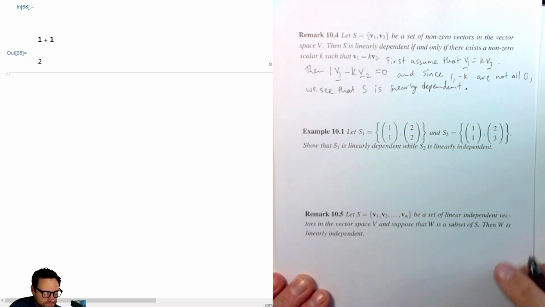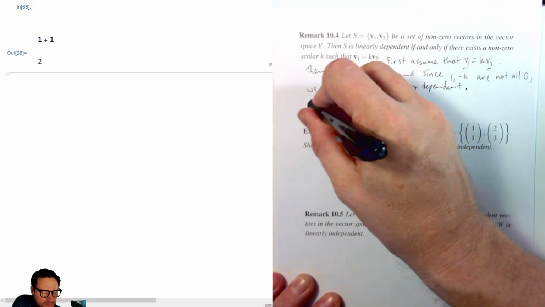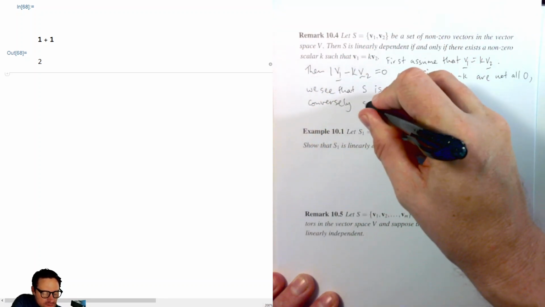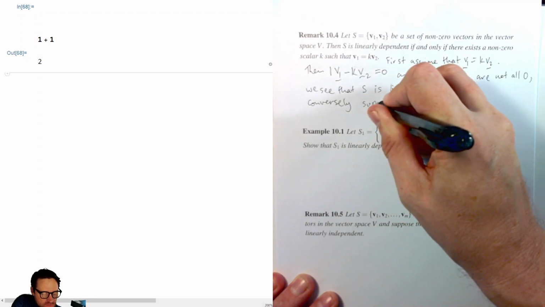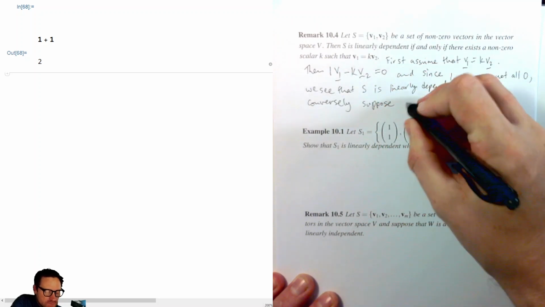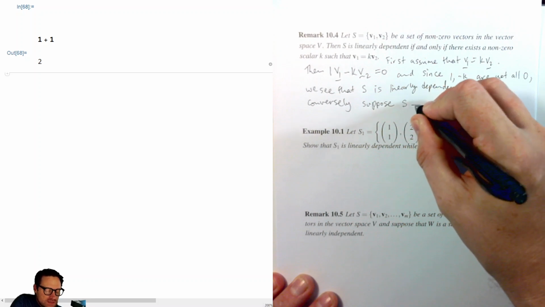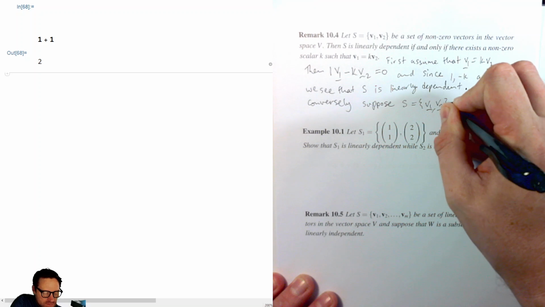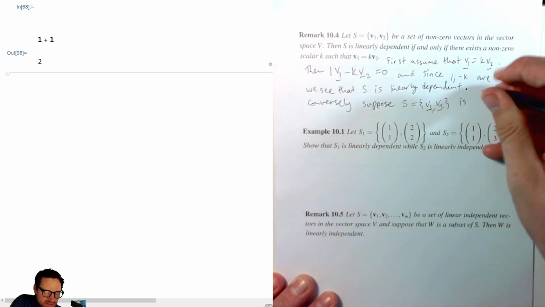Okay, now conversely, suppose S, which is v1 and v2, is linearly dependent.